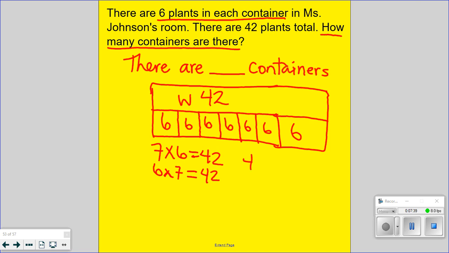All right, so Bryson had 42 plants, and then he put them into how many groups, Bryson? Because that's what our next thing is. 6. Sure. 6 groups means each one got 7. Or we could do 42 put into 7 groups means each one got 6.